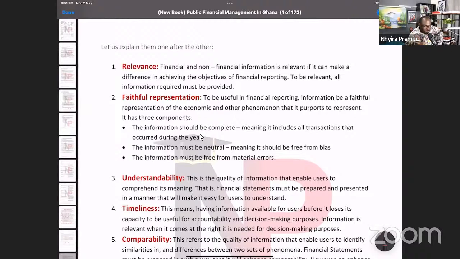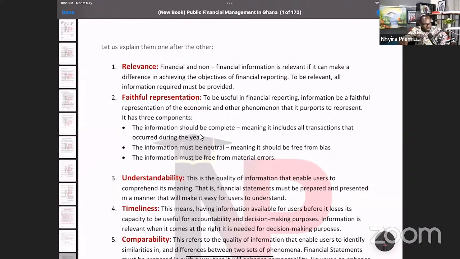Two, faithful representation. What does that mean? When we say the financial statement is faithfully represented, it means that the financial statement represents the economic and other phenomenon that it purports to represent.